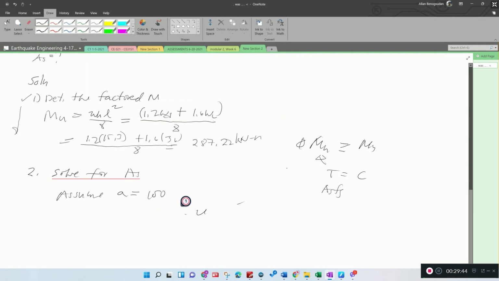I'm just deriving something for you. And C is 0.85 f'c a b. And you can compute for a is equal to As fy over 0.85 f'c b. So you can also do that one from that angle.